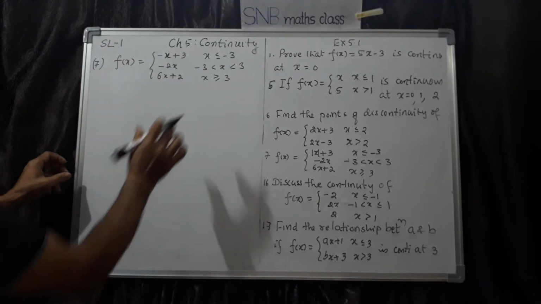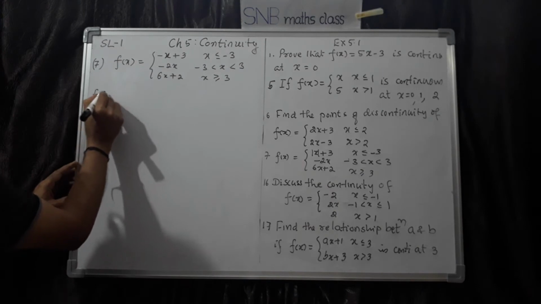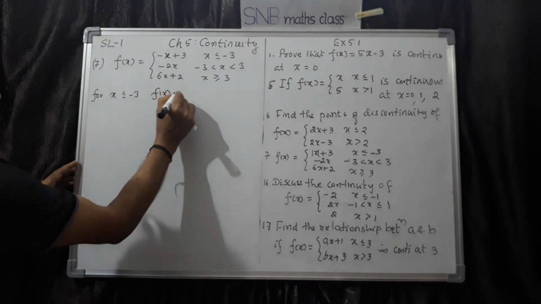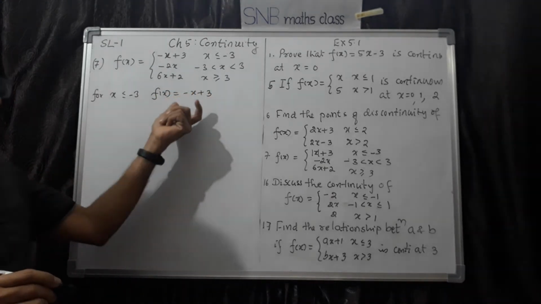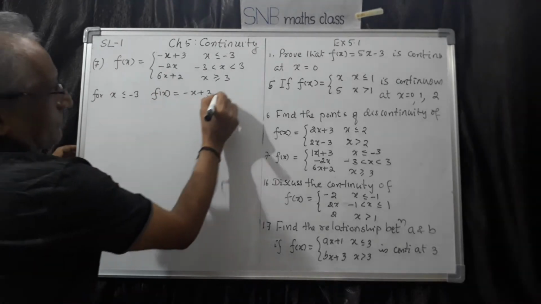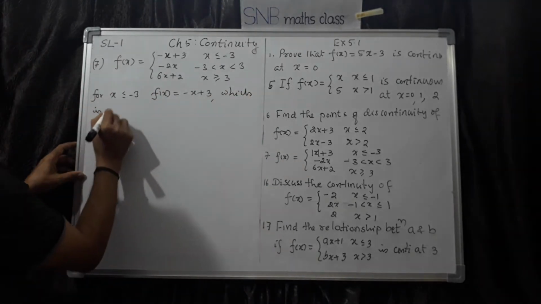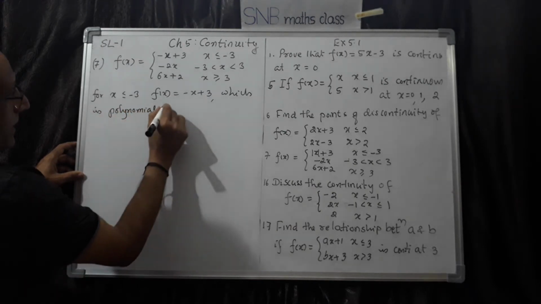Now, same method. So for x less than minus 3, f of x equals minus x plus 3, which is a polynomial function, hence continuous.